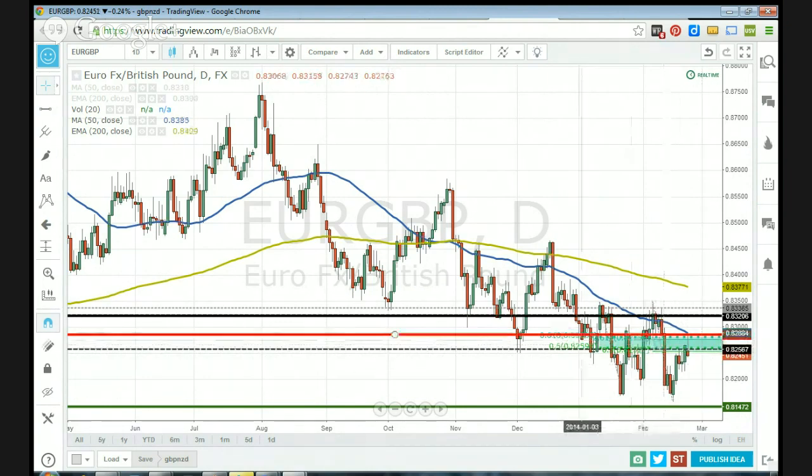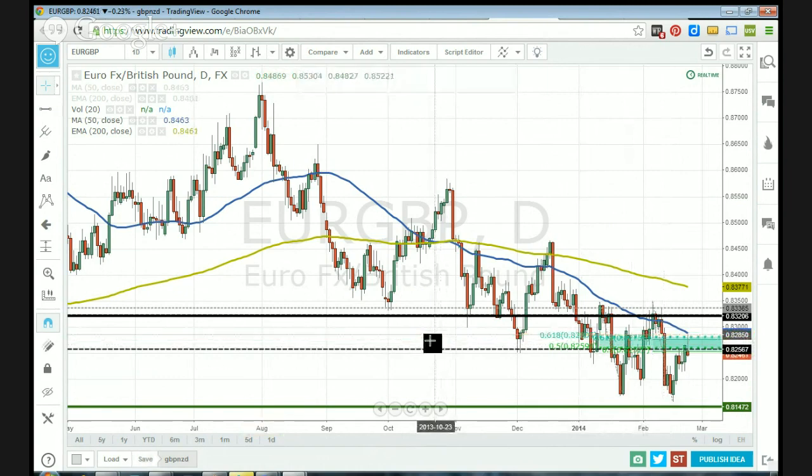I'm going to remove this line. We'll come back to Euro Pound because I might put this order back on again. If the chart looks legitimate, which in this instance still does, it may be time to just put it back on.